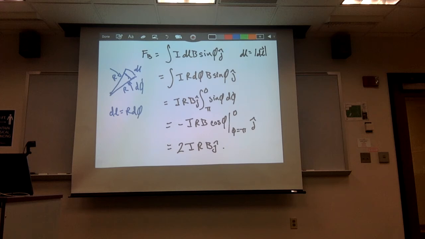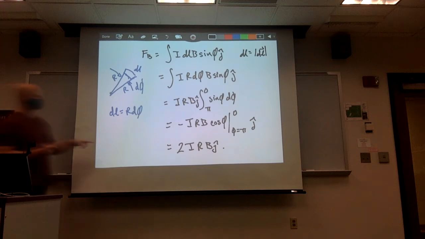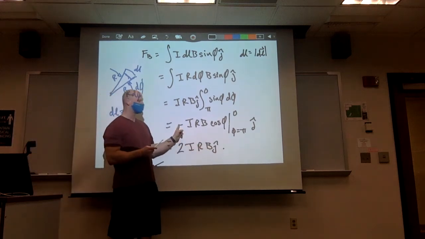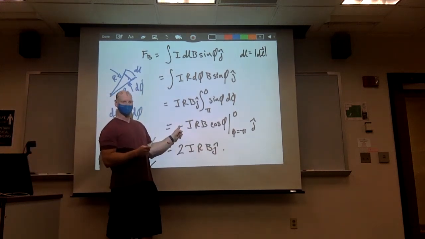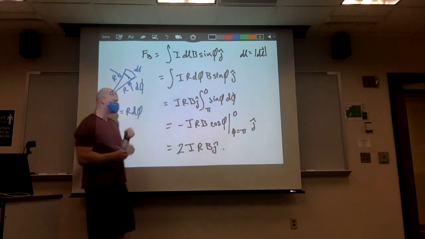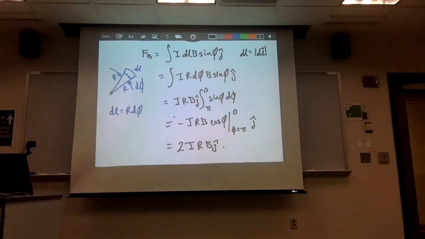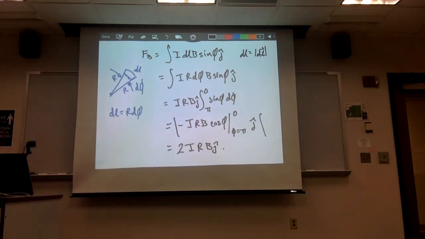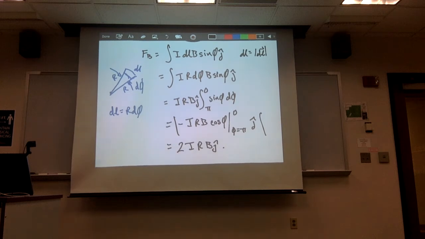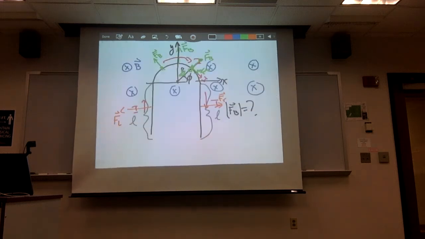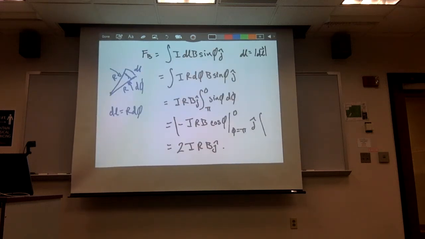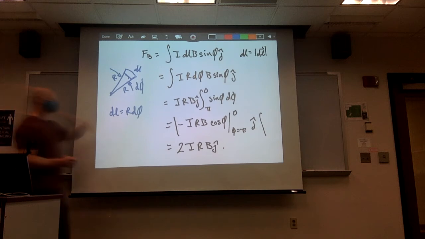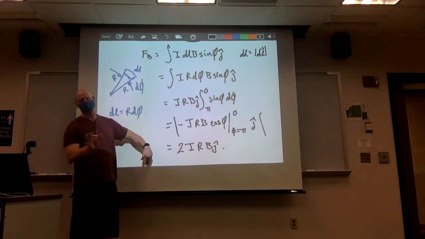In this case, I actually ended up dropping the negative because I know it has to point in the positive y direction. If I kept that negative, then I would end up in the negative j direction, which is not true. So what I end up doing is taking a magnitude, because we already established that the actual direction has to be in a positive y direction. If I have that negative sign on the inside, that's going to force it to go in the negative j direction, but that's just not true.